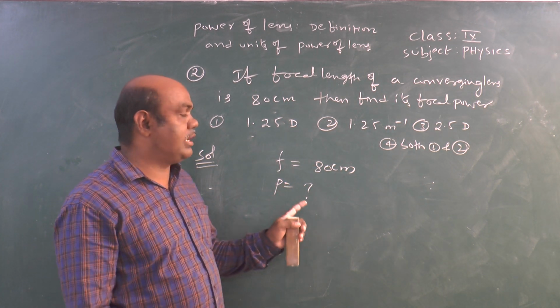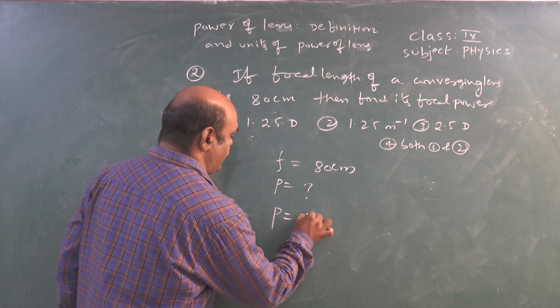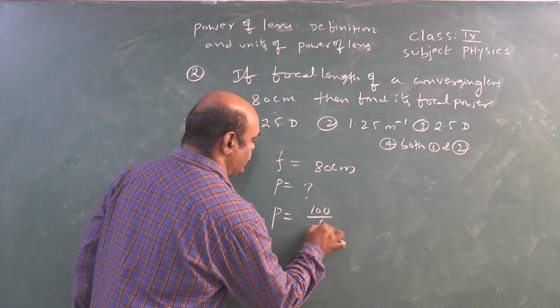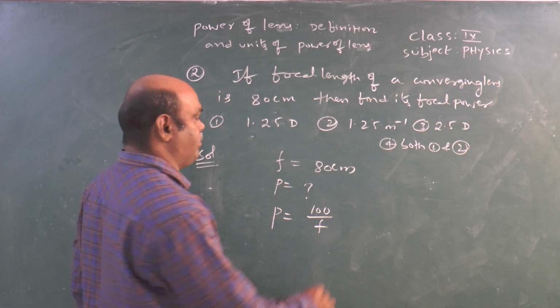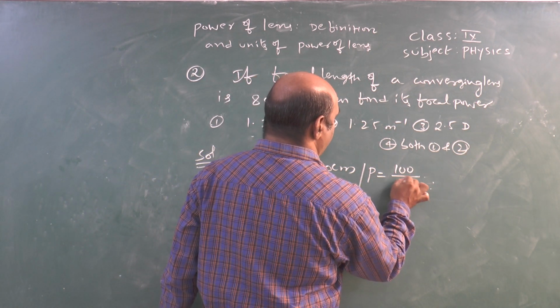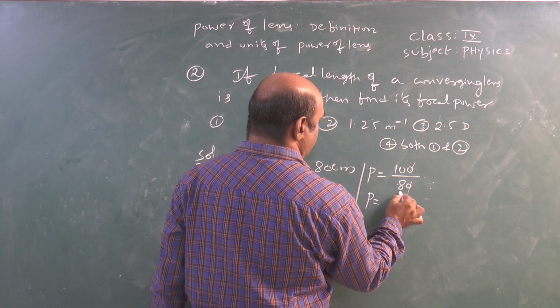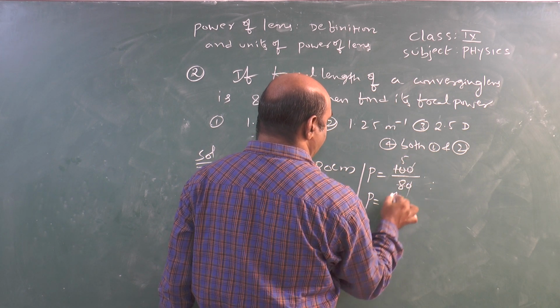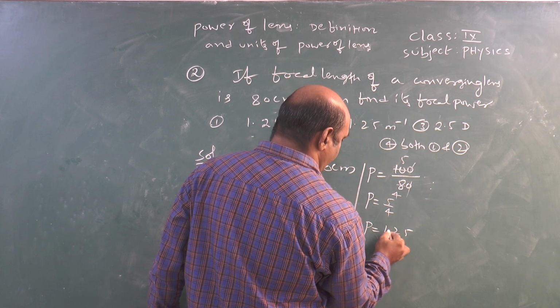If focal length is given in centimeters, the formula for focal power is P equal to 100 by f. So P equal to 100 by 80. Here cancel: this is 4 times and this is 5 times. So 5 by 4, so 1.25.